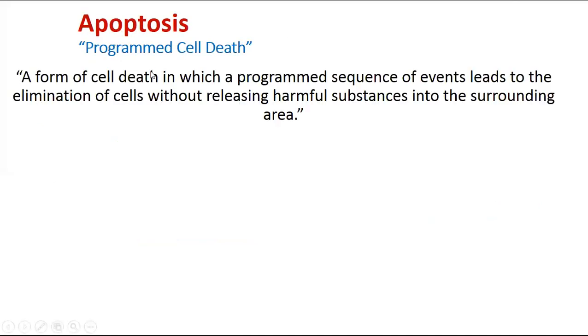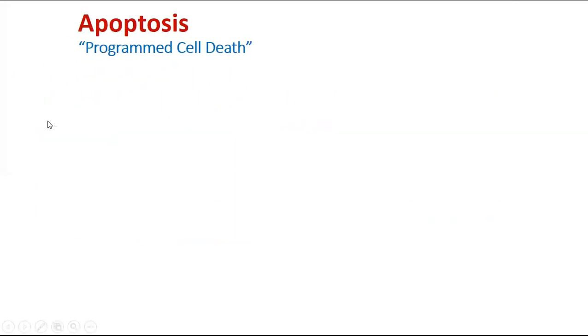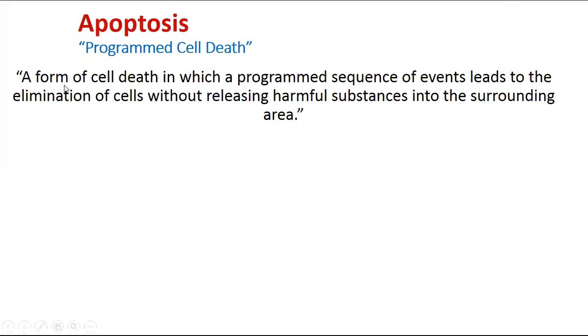This definition I added just now because sometimes in exams we ask SAQ questions, define apoptosis. So you have to write a very clear definition which explains everything. This is also a definition. If you write that, just to add another form: a form of cell death in which a programmed sequence of events leads to elimination of the cell without releasing harmful substances into the surrounding area.